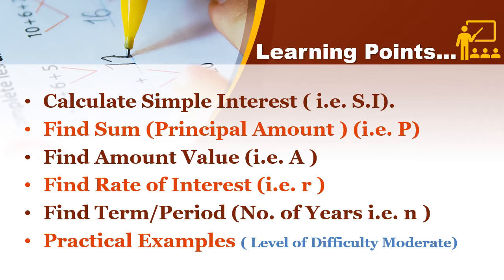Here the level of difficulty is moderate, not advanced level and not so easy. We saw easy level examples in the previous video, but in this video lecture we solve moderate level examples, meaning not easy and not difficult. So let's start the examples.